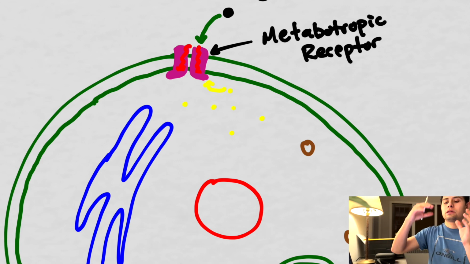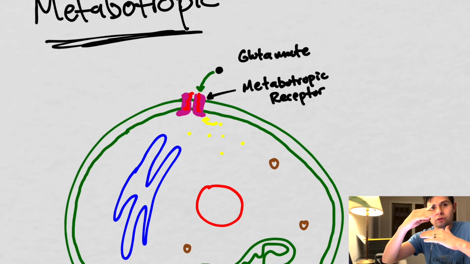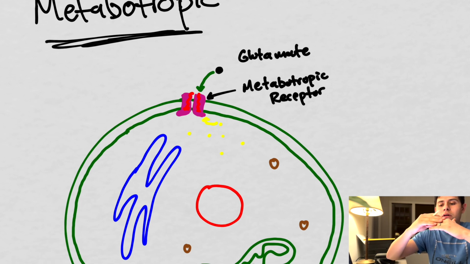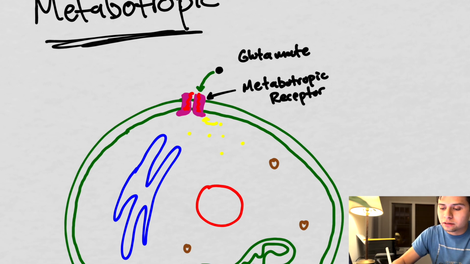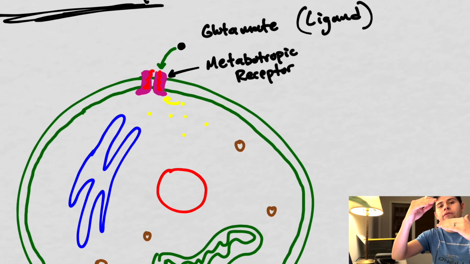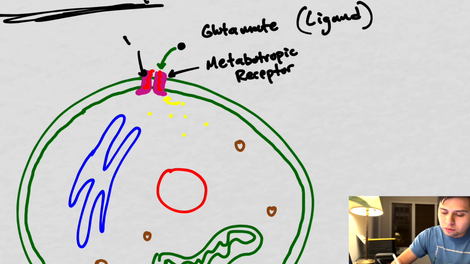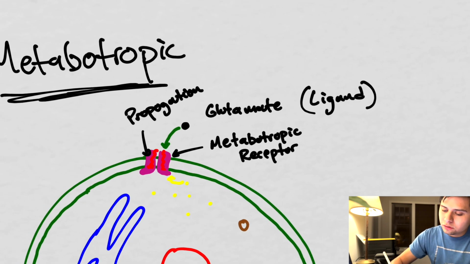Something from the outside, glutamate, binds to some receptor. Upon the binding of the ligand, there's a propagation of movement.